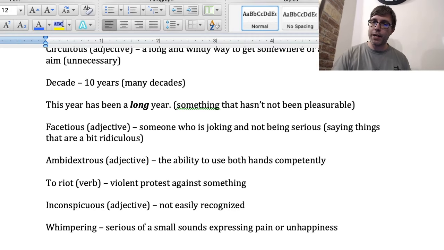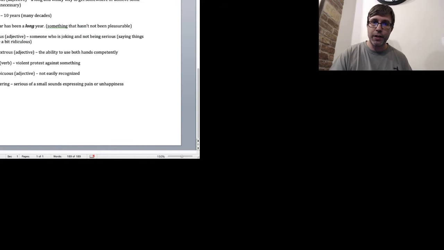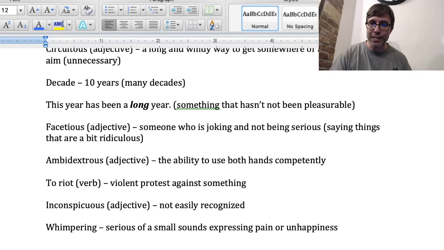So when somebody's in pain or unhappiness and you hear them making that sound, then you could say that this person is whimpering. Or if it's an animal making that sound, that the animal is whimpering. But this is great vocabulary because I think it allows you to be more specific. When you're able to use these nouns and these adjectives, you can be a little more specific. So let's see.